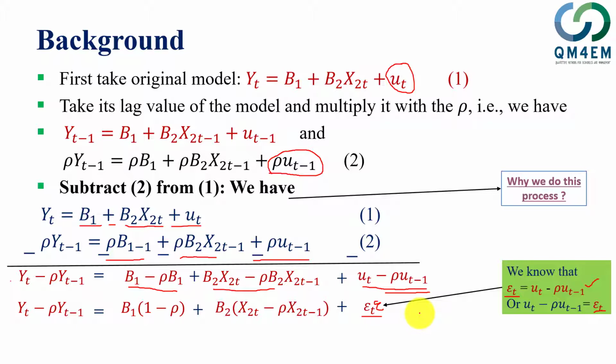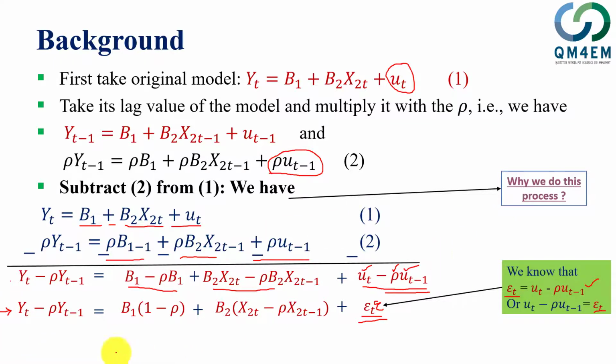In other words, we did the same mechanism which I just explained on the separate slide: when you multiply the lag value of the residual with the autocorrelation coefficient and subtract that product from the original residual, you get a residual value that is no more autocorrelated. So the model which we obtain by this transformation is autocorrelation free.